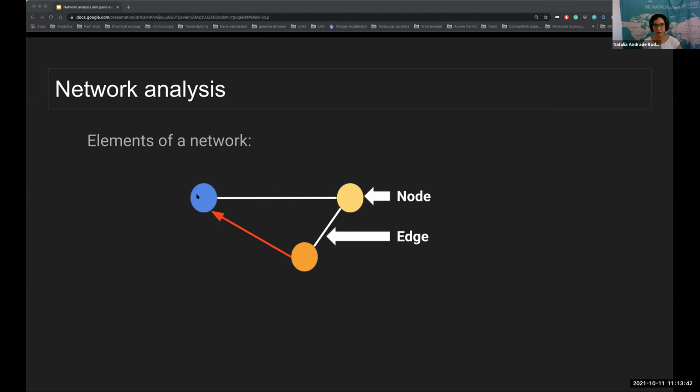For example, in gene expression, it could be a transcription factor that you already know will affect your gene. For directed networks, basically everything is the same. What changes is the adjacency matrix that you use to build this network.